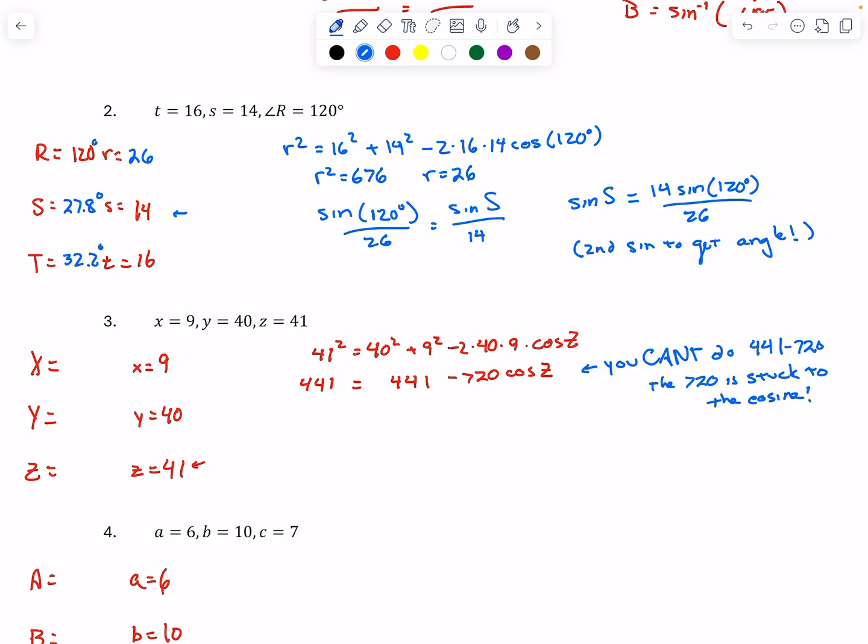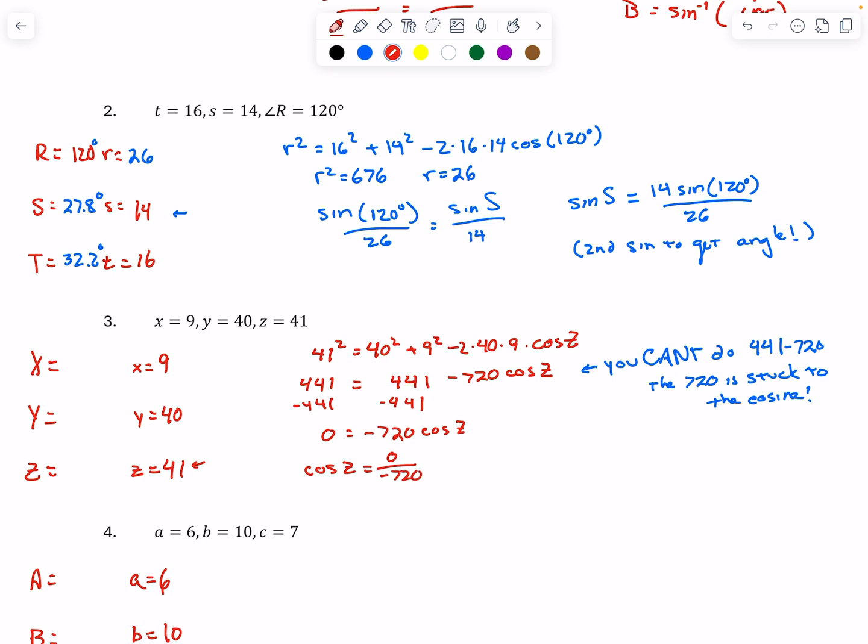People want to do just the subtraction of the numbers because they see them, but remember 720 is not just a number. We'll have to subtract off. Do you get 0?